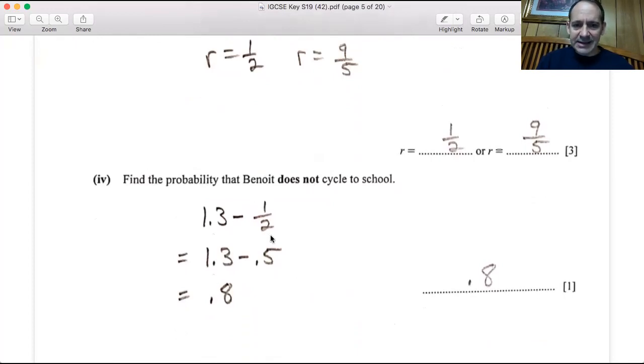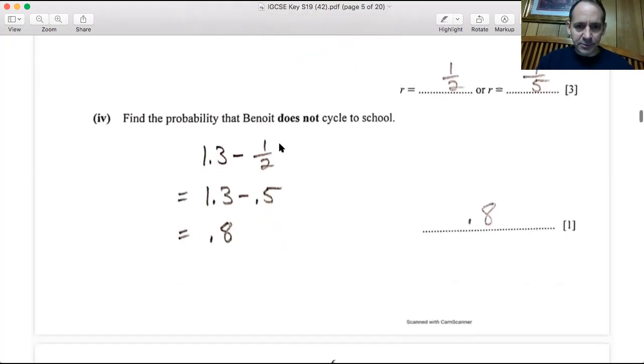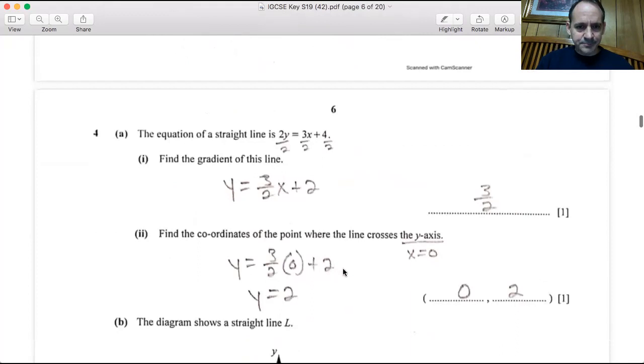You can't have a negative probability. 1.3 minus 1.8 would be negative. Can't have negative probability, so it's got to be the 1/2. 1.3 minus 0.5 is 0.8. So 0.8 is the probability that Benoit does not cycle to school. I hope I'm pronouncing the name right. Looks maybe French, so I'm probably not pronouncing it right, so sorry about that.